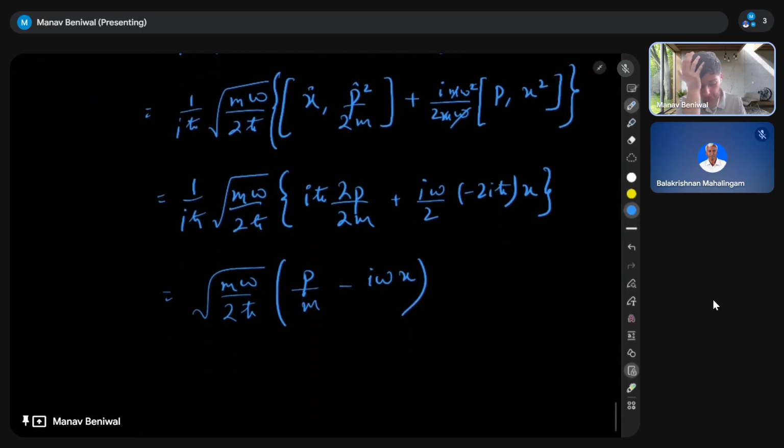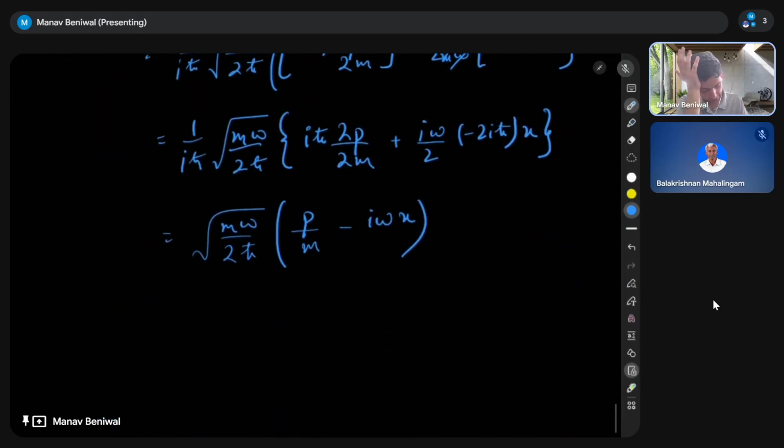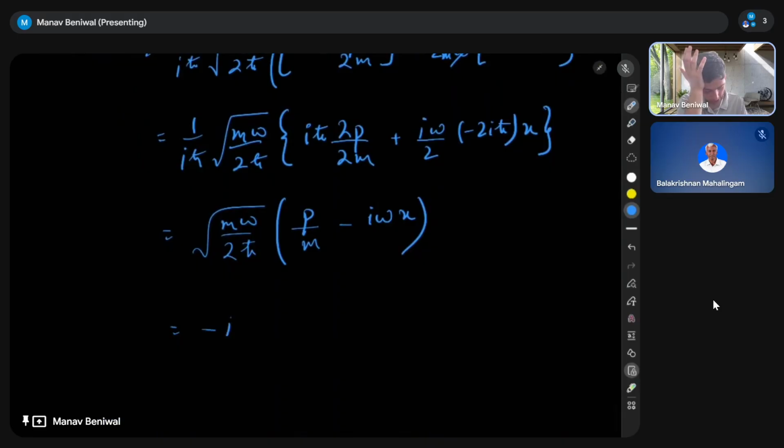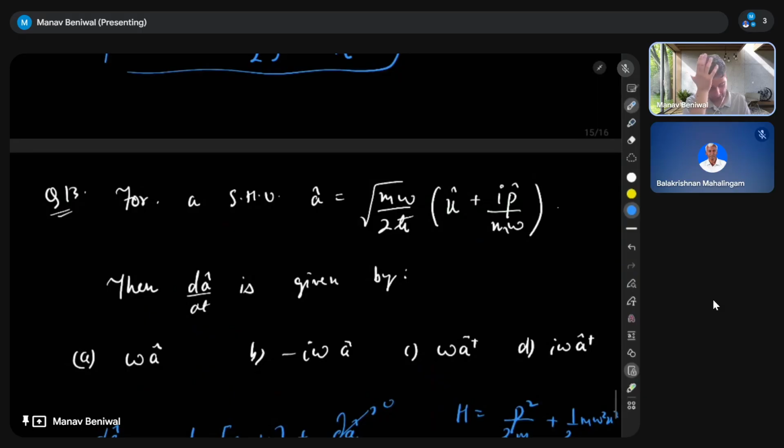Okay, now if I want to compare it with this term, I have this x as a separate quantity, so let me take out this minus iota omega outside, and then here I have m omega by 2 h cut, and then now I can write x here, and then plus p over m omega, and if I want to write, I can write it like this, minus iota p over m omega, exactly this form.